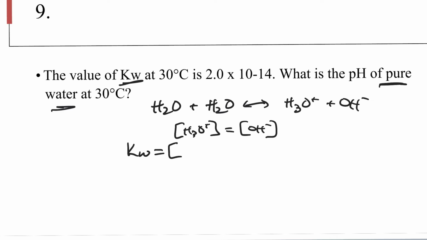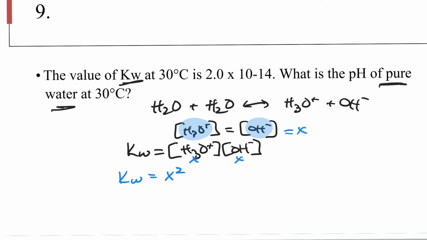At equilibrium, Kw is equal to H3O plus times OH minus. Since these two are essentially the same thing, we can call them X, because we need to figure out the concentration of these. Since we have 2 x's, Kw is x squared.